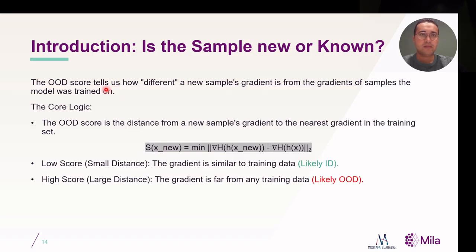So it tells us how different the new sample's gradients are from the gradients of the samples the model was trained on. So we compute the minimum distance, like a nearest neighbor. If we have a small distance, a low score, the gradient is similar to the training data, likely in distribution. If it has a high score, a larger distance, the gradient is far from any training data. Most likely it's out of distribution.